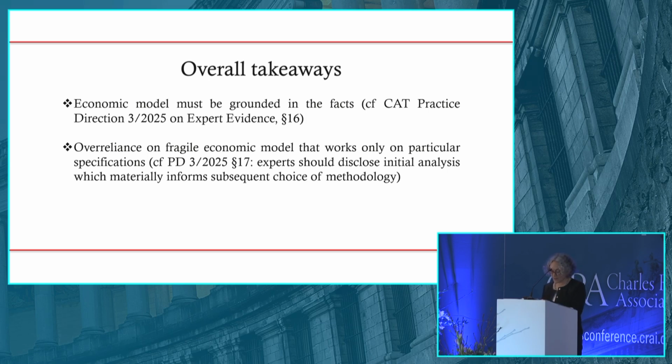Ploughing on and hoping for the best is perhaps not a sensible strategy. It's particularly risky following the new CAT experts practice direction, which states that the expert should disclose any initial analysis that materially informed the subsequent choice of methodology, particularly if the early analysis produced a result contrary to the interest of the expert's client. So it's a show your workings direction.